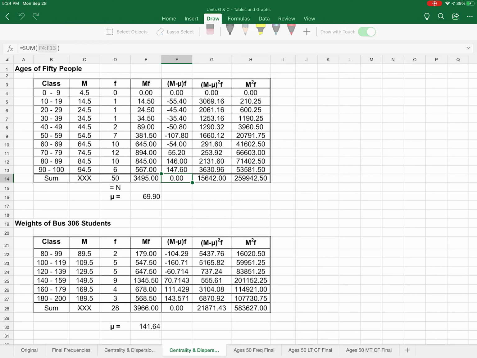And you could do that for each one and add them all up, and you'll end up with 0. And that's the way it always turns out, because that's exactly the same as that column that we did with family X and family Y, where we averaged out the deviations from the means. And of course, remember, the mean is the arithmetic center point of the data, and so all of the positive deviations will cancel out all the negative deviations. So this column will always sum up to 0.